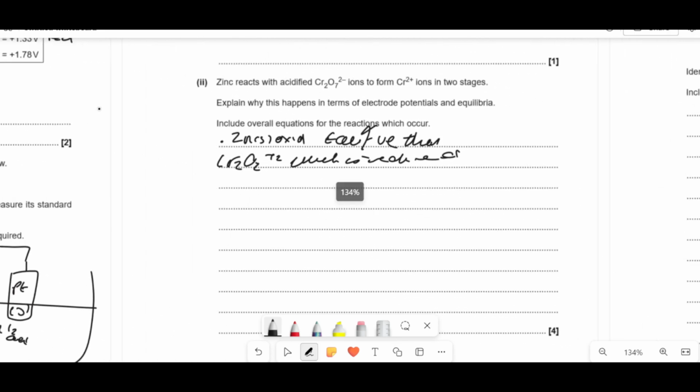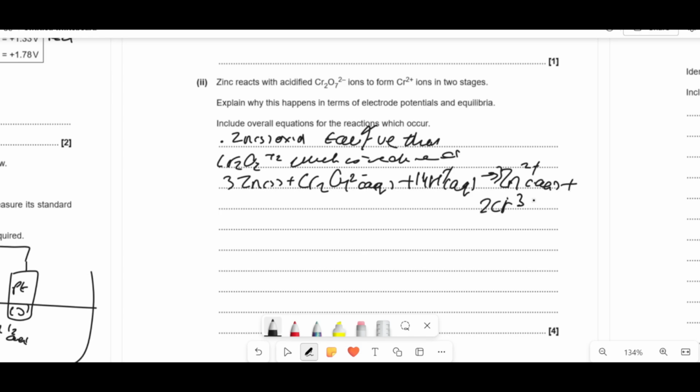So it would be 3Zn(s) + Cr2O7 2-(aq) + 14H+(aq) becomes 3Zn2+(aq) + 2Cr3+(aq) + 7H2O(l). And it says acidified as well, and that's what the H+ is, and that fits with it, right?